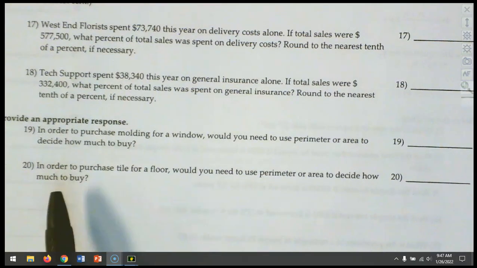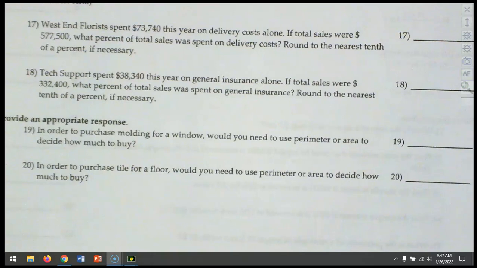Distance around. So we look at distance around, that's the perimeter. Now, in this case, when we go to buy floor tile, well, what are we measured in? It's usually in square feet, right? If you go to the carpet store or the tile store, they're going to say, okay, this is how much this tile or this carpet costs per square foot. When it's square foot, that means it's an area.